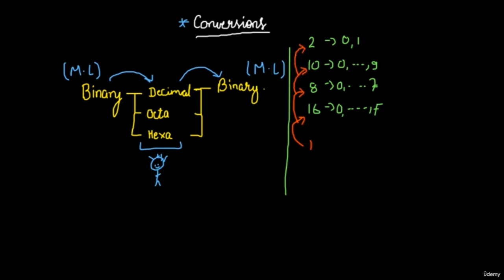Which one have I written? How will you know that? To resolve this problem we use a notation called the radix, or you can also call it the base number.